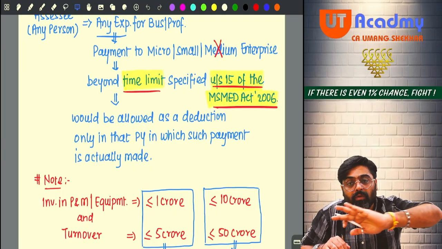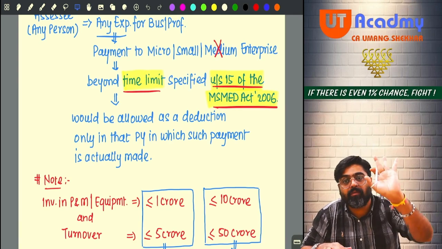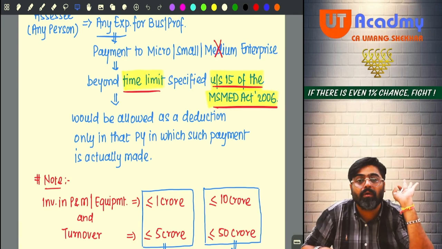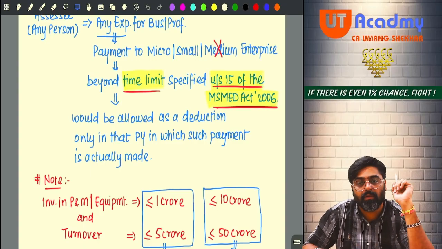Now we are not going to see what method of accounting you are following. Even if you are following the mercantile system of accounting, it will be allowed in the year in which it is actually paid. That's it.